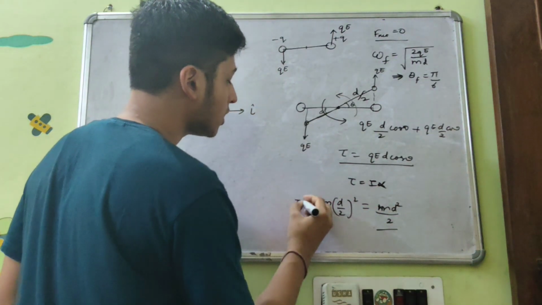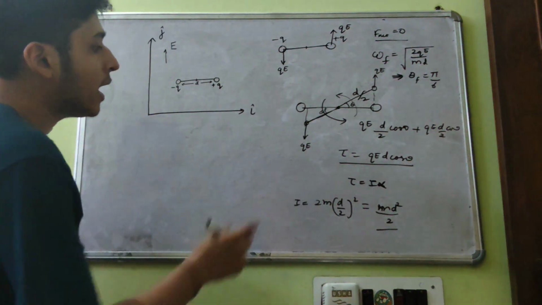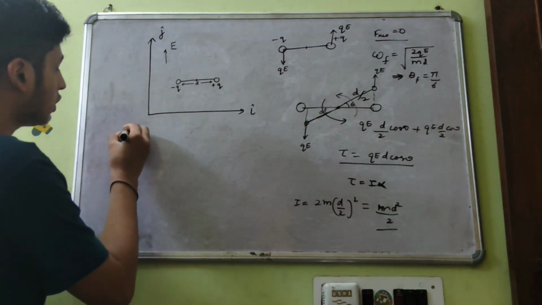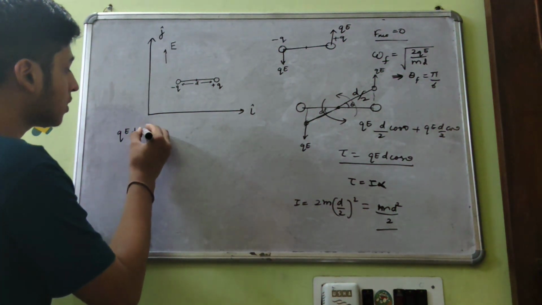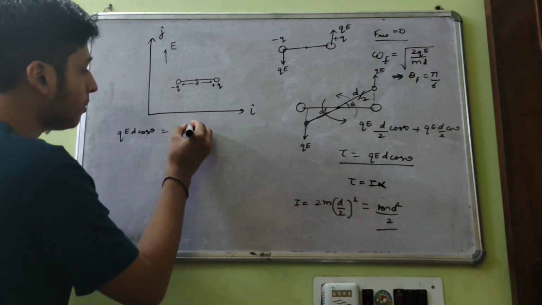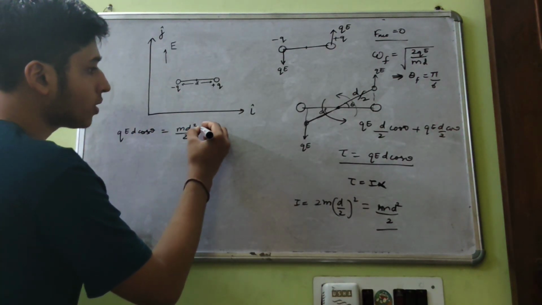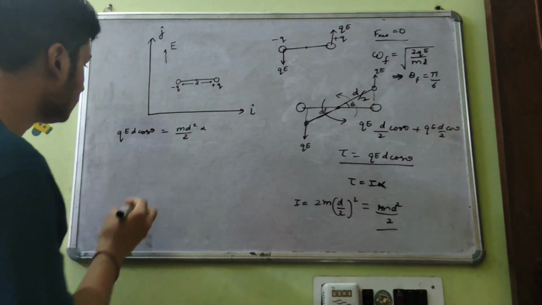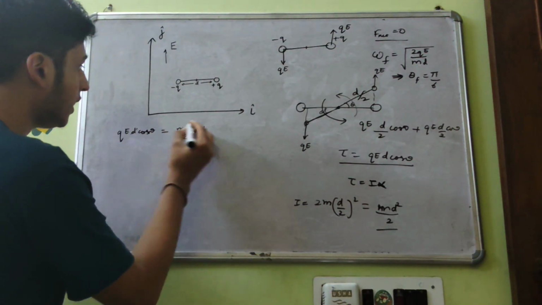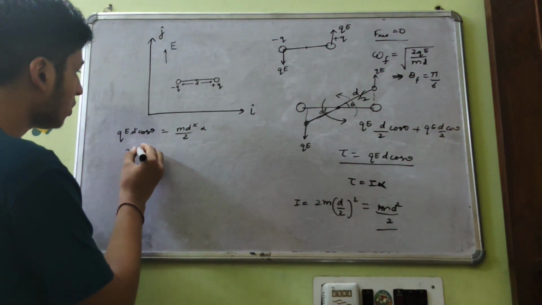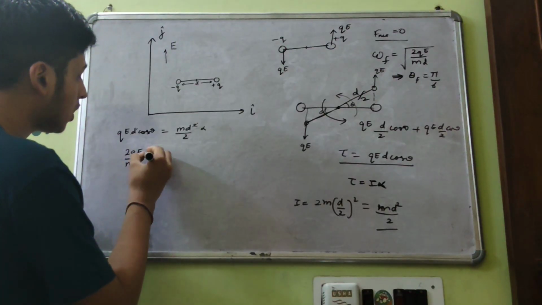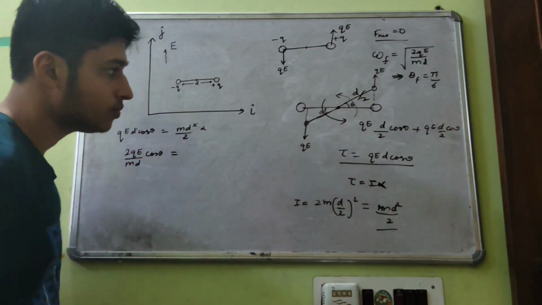This is the moment of inertia. Applying tau equal to I alpha, QE d cos theta equals m d square by 2 alpha. d is cancelled, so 2 QE by md cos theta equals alpha.